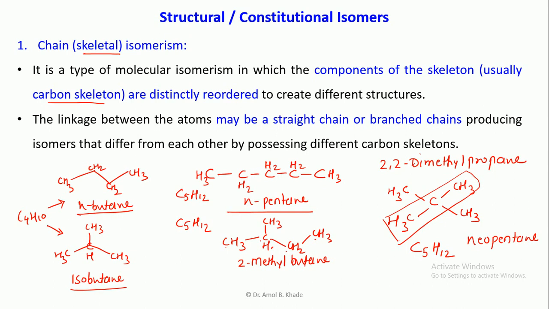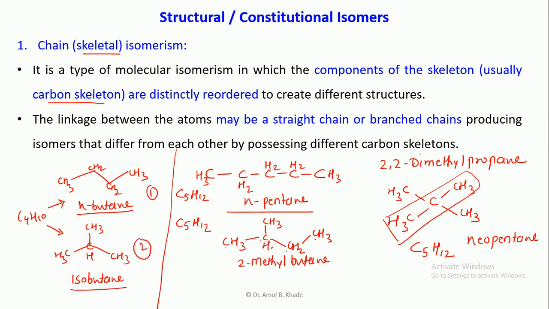In chain isomers, what we find is a type of molecular isomerism in which the components of the skeleton, usually the carbon skeleton, are distinctly reordered, so that we can get different structures. Each one of these is an isomer of the others. So these are the 3 isomers of each other, and here these are the 2 isomers of each other.